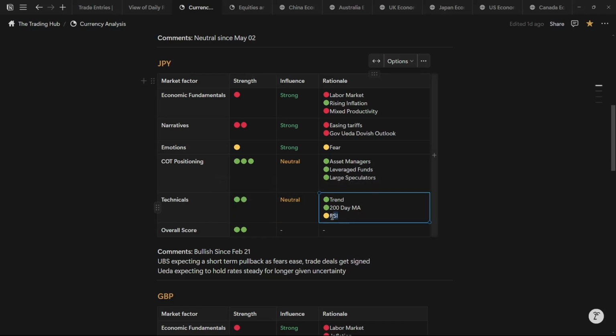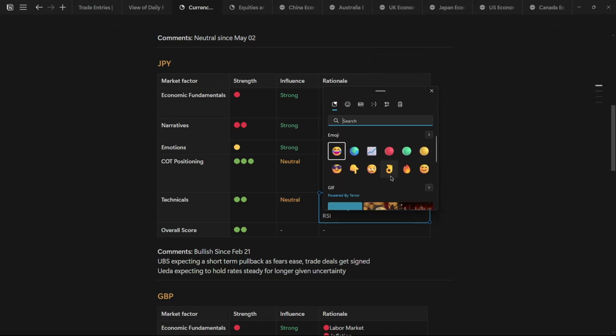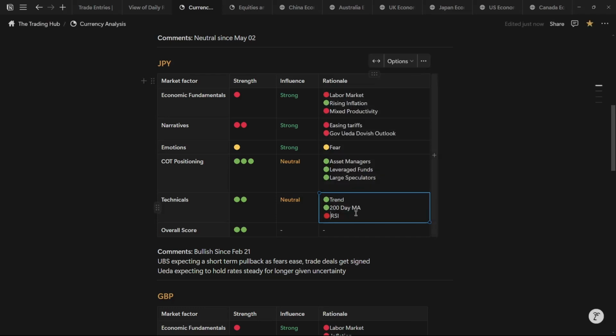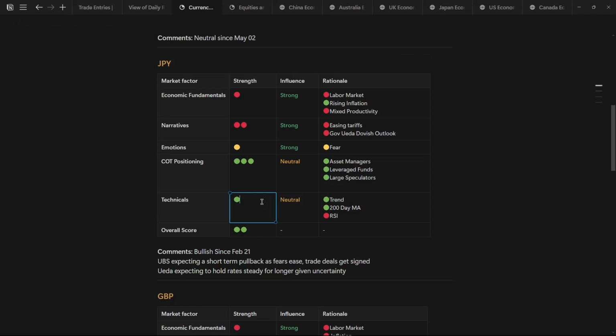The RSI, as you know, is an overbought and oversold indicator. If the RSI is signaling overbought on the daily time frame, that would be a sign of, not necessarily sell, but it would give a score of red. It would mean that the markets are overbought. So even though it's in a positive trend, the RSI would say you don't really want to buy it, and then this will get a score of this right here.